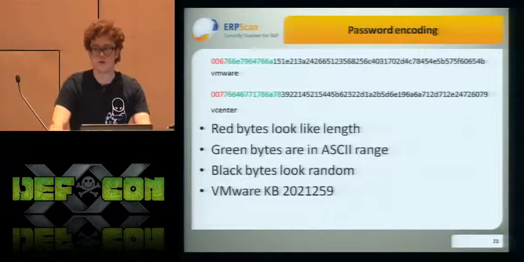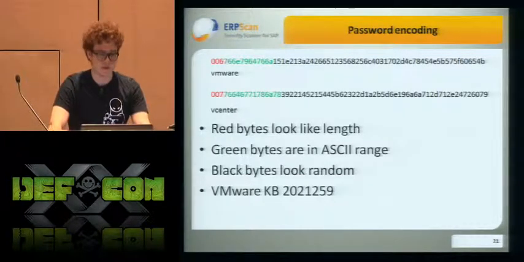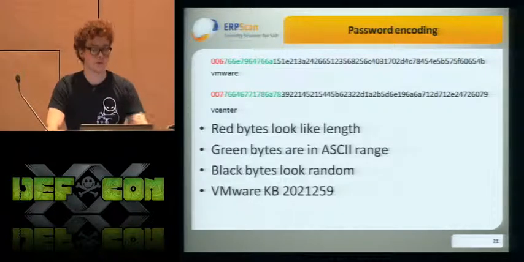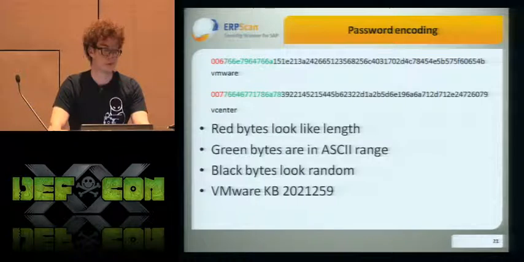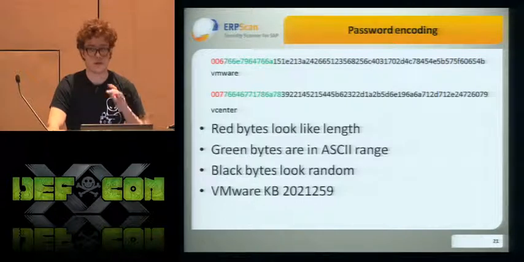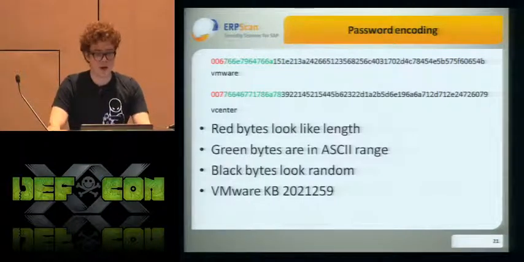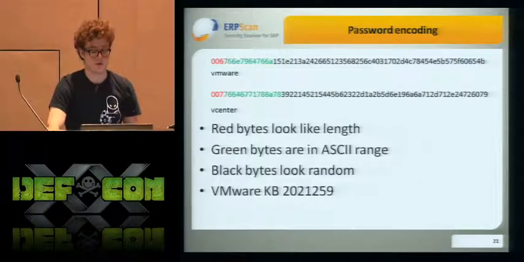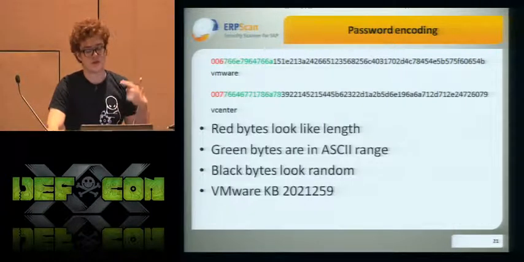So I encoded a few passwords, and as you can see, the first red bytes look like a length, the green bytes were always constant and in the ASCII range, and the black bytes, when you encode other passwords or the same password, were different every time.